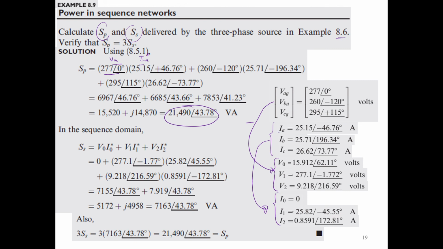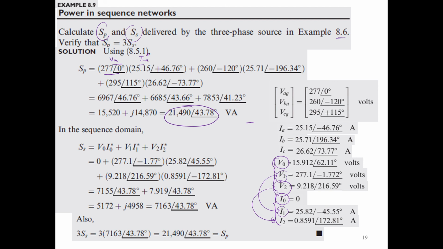Soon after you know these two, you just multiply this with the conjugate of this: V0 times I0 conjugate, which becomes 0, plus V1 times I1 conjugate, plus V2 times I2 conjugate. You sum up all these three products.